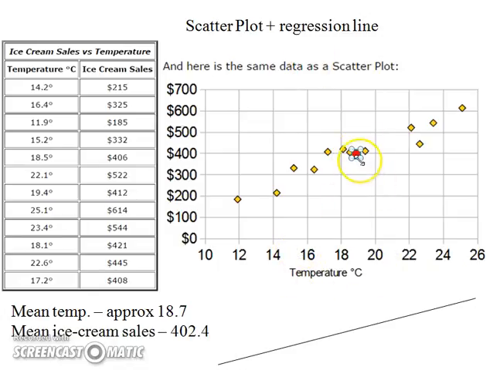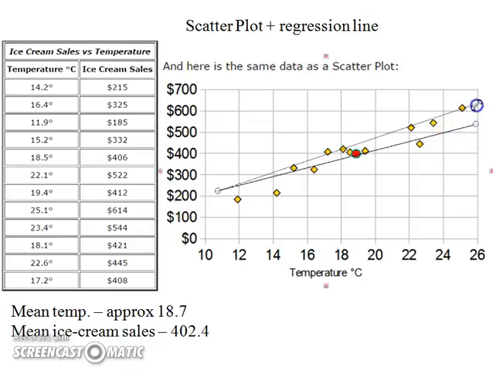Now make sure you have the mean, because the mean is the point where your line of regression has to pass through. So when you're drawing the line of regression, you have to make sure that it passes through the mean point. Right now, of course, the line of regression is a sketch, and all of our lines of regression are going to be a little bit different.